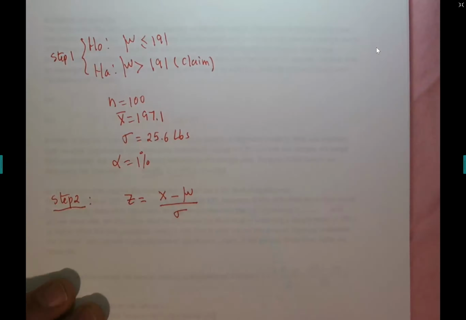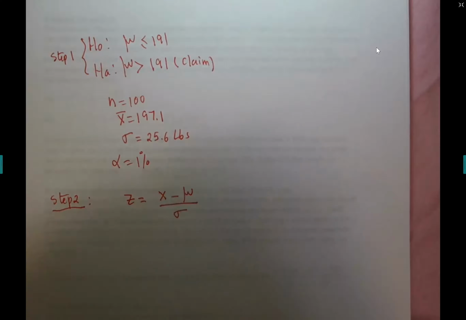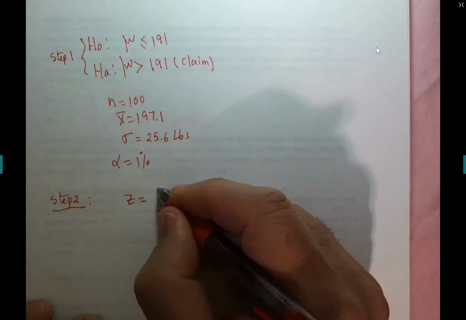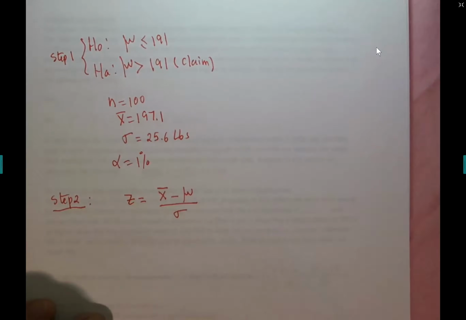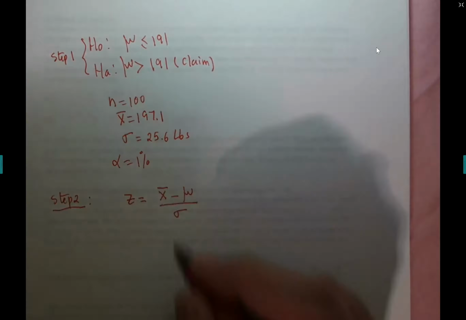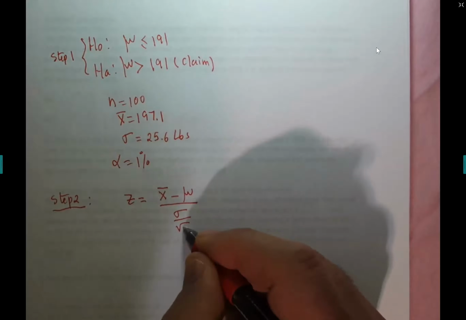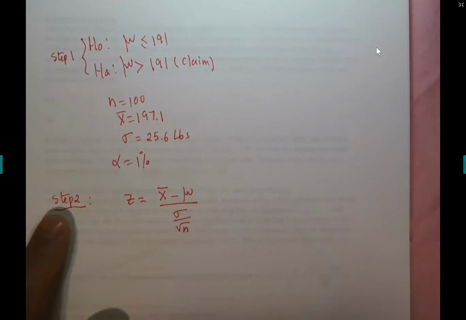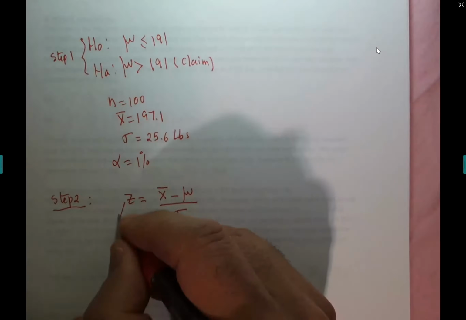That was what you learned, guys, in chapter 2. And then you learned in chapter 5, when we work with the sample mean, x bar, and this is what we're working with here, the sigma changes to sigma over square root of n. And this is called the test statistic.